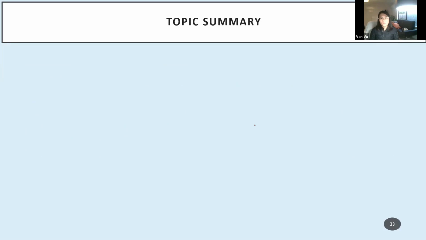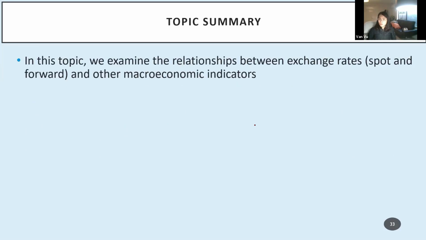To summarize this topic, we have looked at the different relationships between exchange rates, either spot or forward, and other macroeconomic indicators. We look at prices, interest rates, and inflation as well. In terms of interest rates, we talked about the interest rate parity condition.